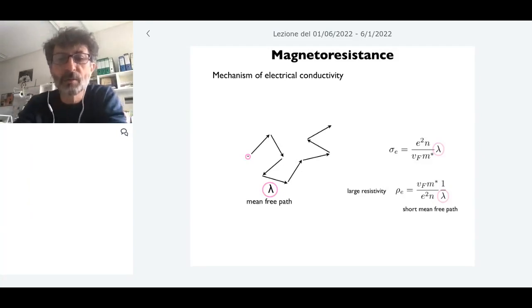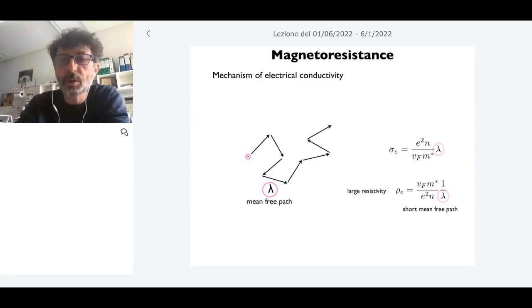We have to spend a very brief and quite naive description of how metals conduct electricity. So why do we have the conduction of electricity? What causes the resistivity or the conductivity of a material?